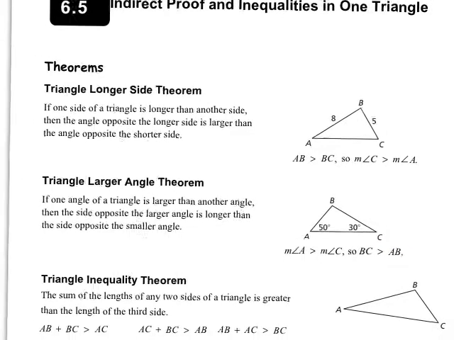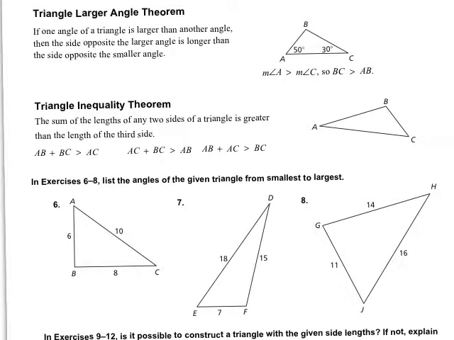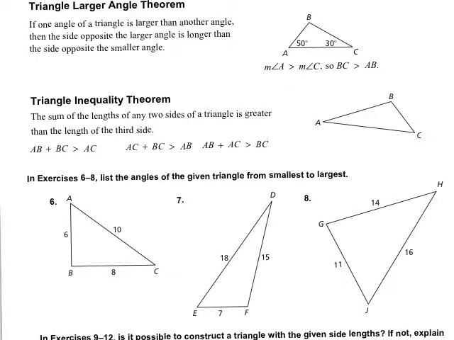The third theorem here is very simple. It's the triangle inequality theorem. It just basically tells me that the sum of any two side lengths has to be bigger than the third side. Because if two side lengths added together is smaller than the third side, then it can't be a triangle, right?